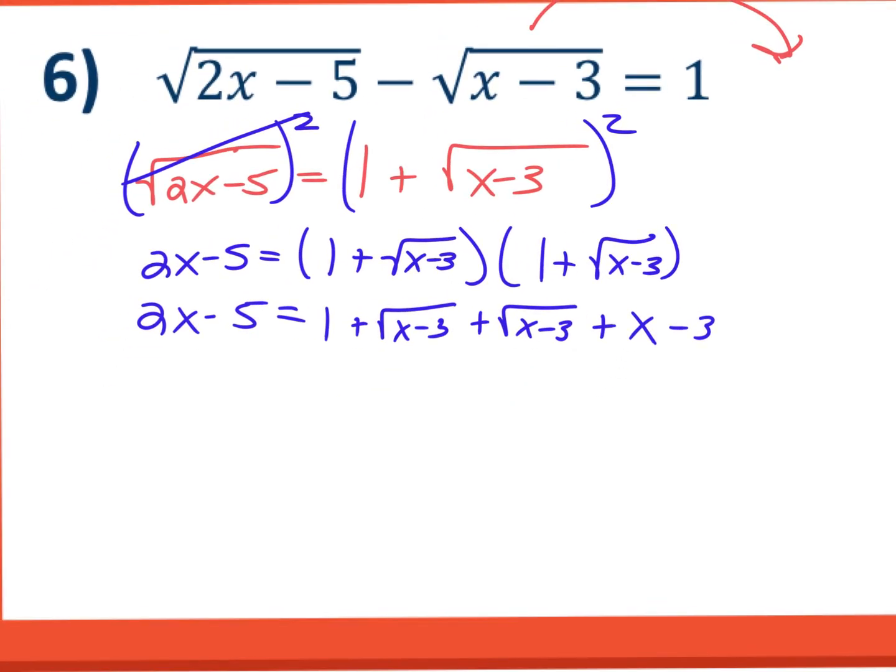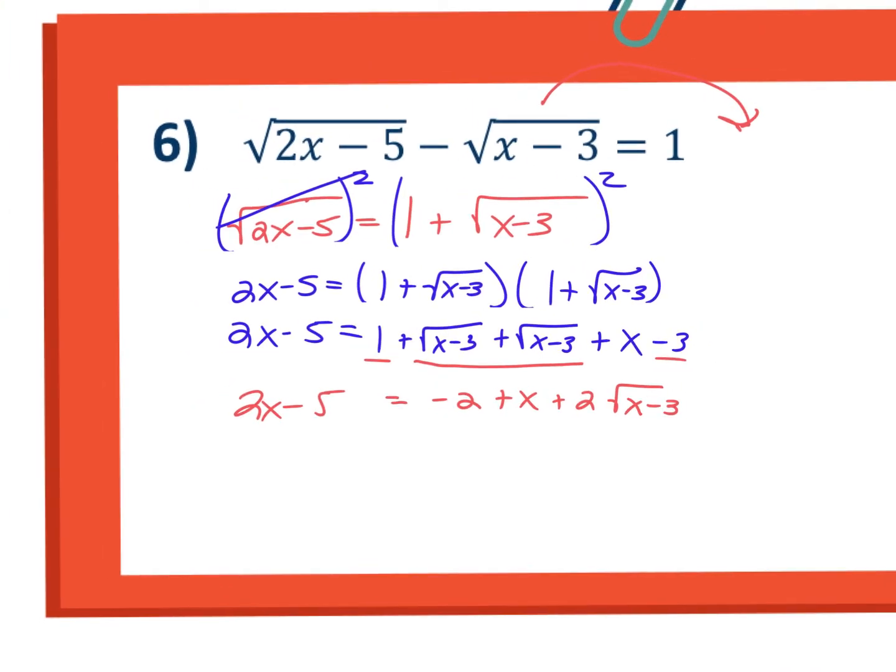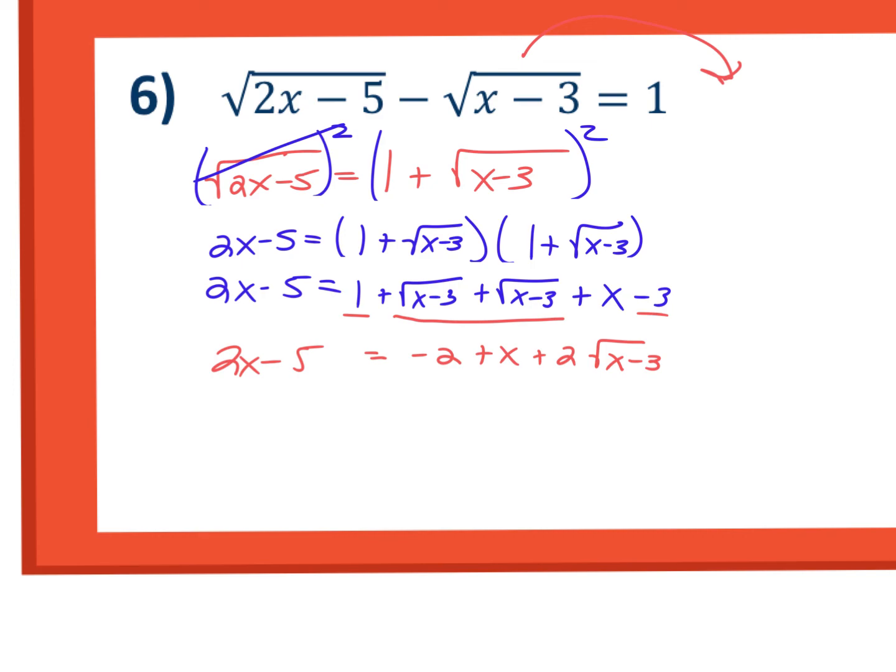And then what can we combine? I have a 1 here and a negative 3, which gives me negative 2. And then I have that x, and then I have 2 of these, so plus 2 square roots of x minus 3. And then over here I have 2x minus 5. So now we can go ahead and isolate this radical right here. So I'm going to add 2 and subtract x.